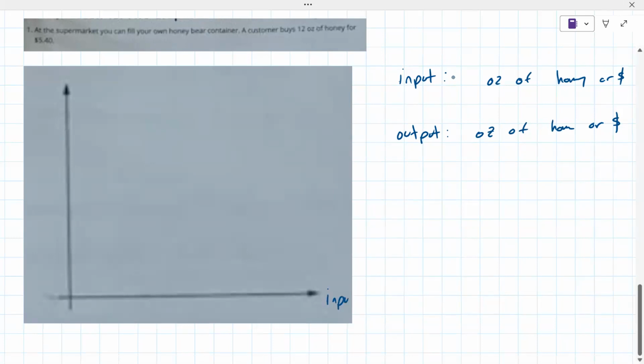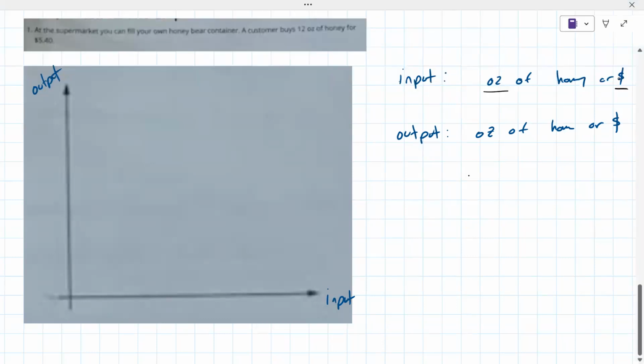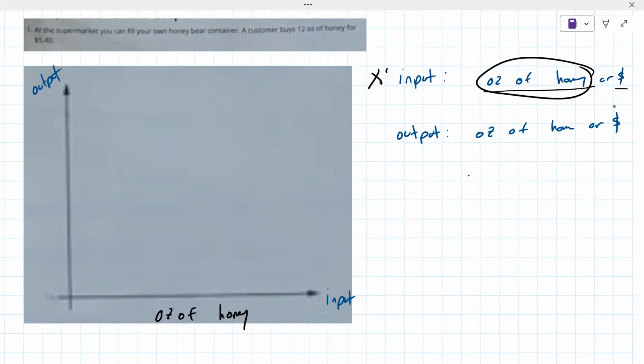The input goes down here and the output goes here. If you went shopping yesterday, did you start with money or did you start with what you wanted to buy? Started with what I wanted to buy. Right. So the input down here is the ounces of honey, which is the X variable.